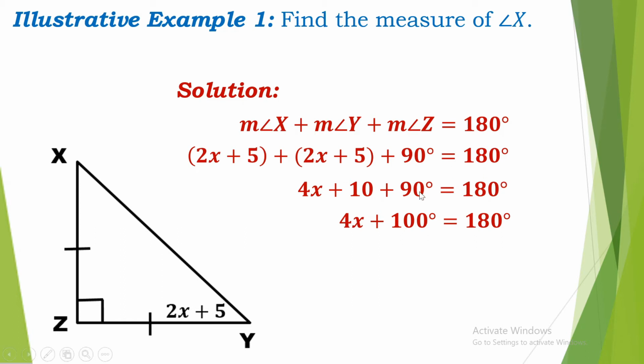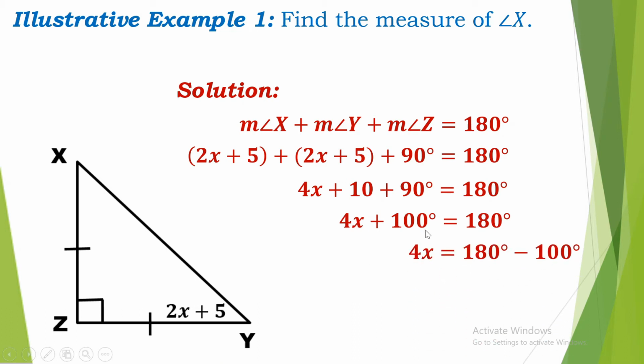That means we have to get rid of the constant, which is 100. So to do that, we can either subtract both sides of the equation by 100 or we transpose plus 100 to the right side of the equation. And that means we must change the operation. So from plus 100, it now becomes minus 100.